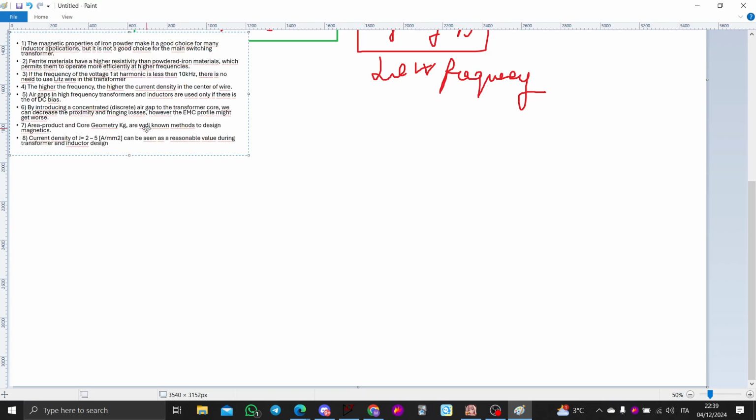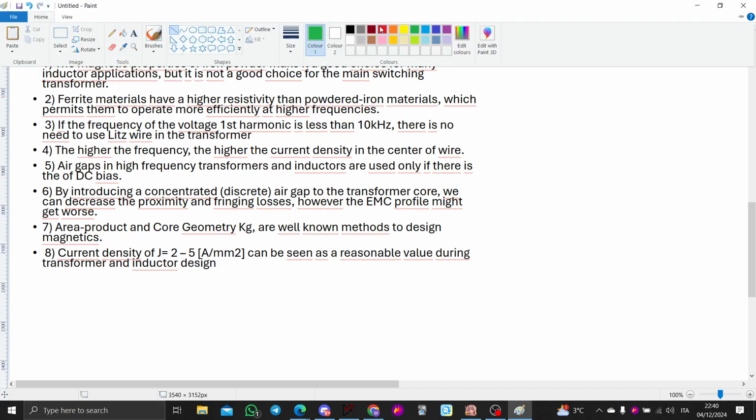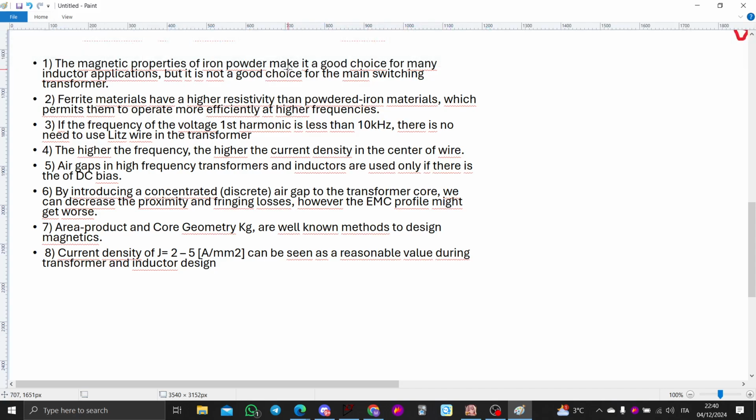Let's go here. Okay, so again, these are other questions. So first, the magnetic properties of iron powder make it a good choice for many inductor applications, but it's not a good choice for main switching transformers.